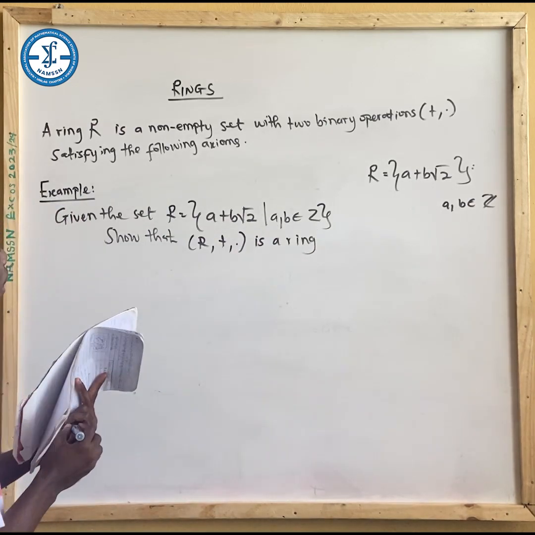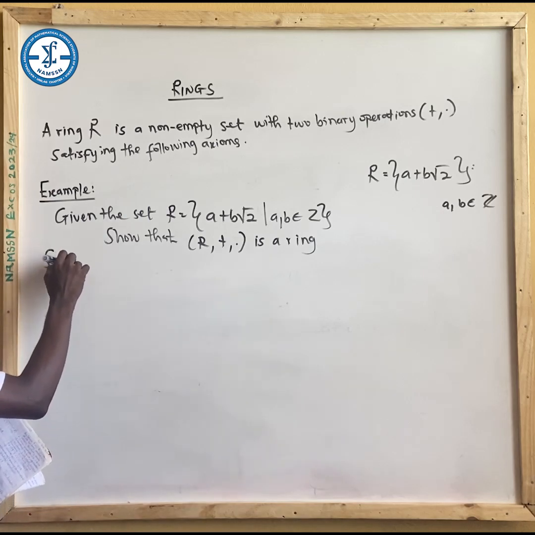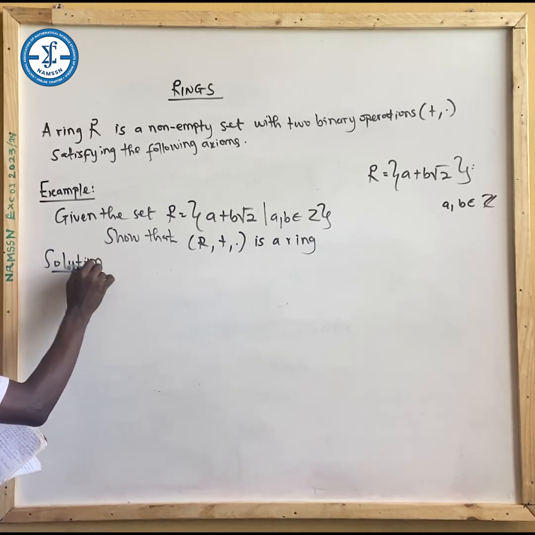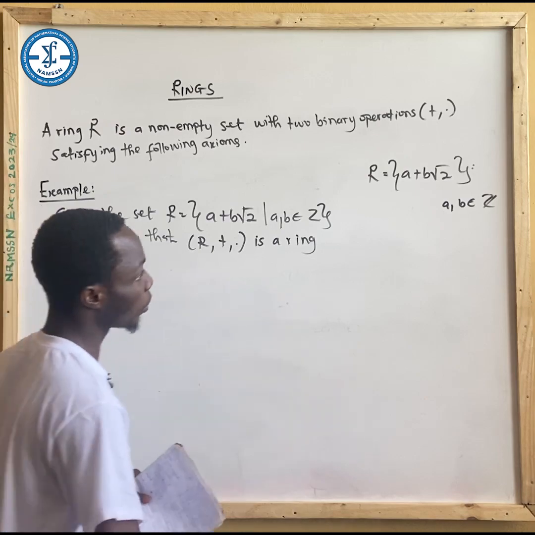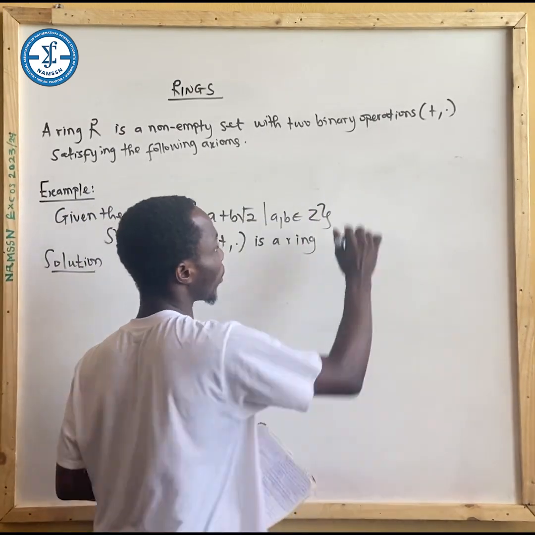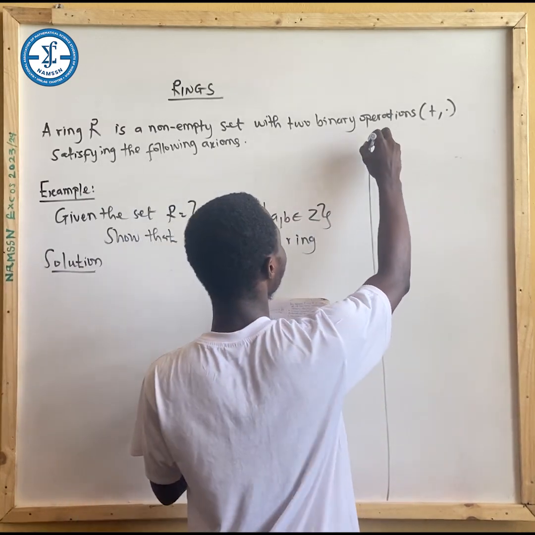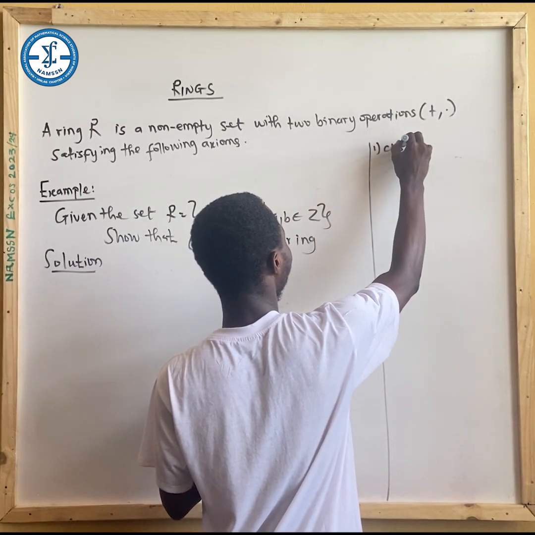Show that this set R is a ring. So solution. The first thing I'm going to be listing them here. Let me just make a line here. So the first thing I'm going to show is the closure property.